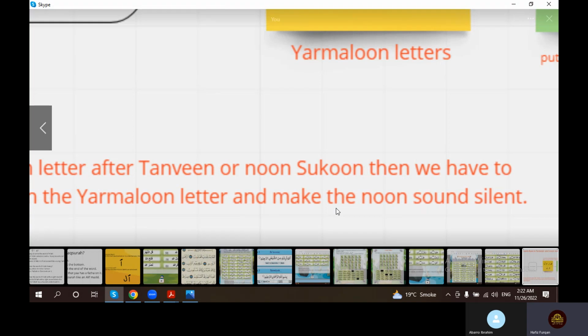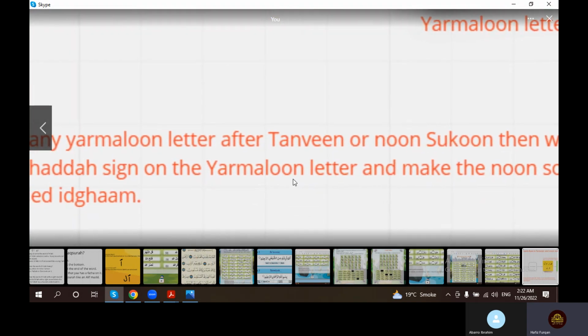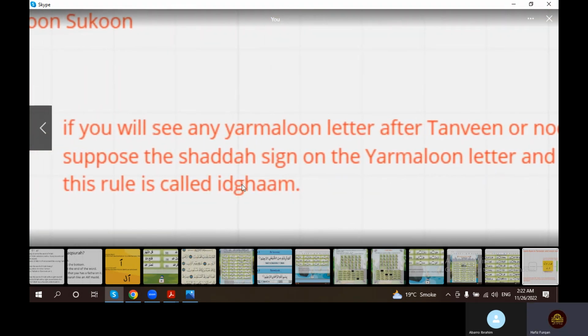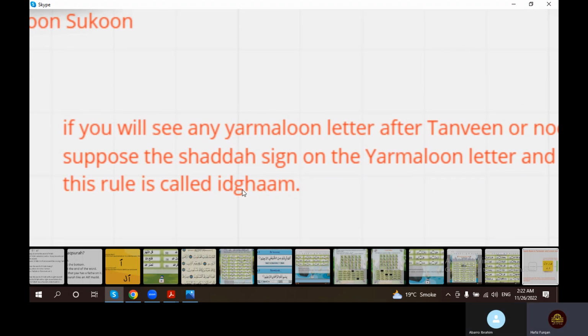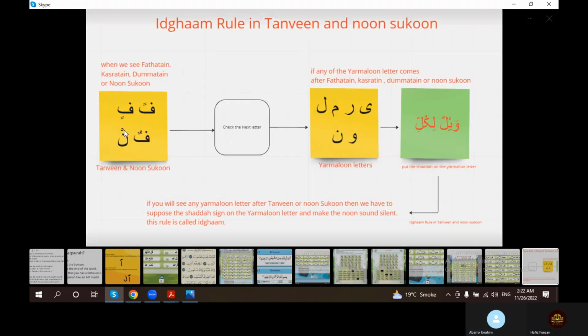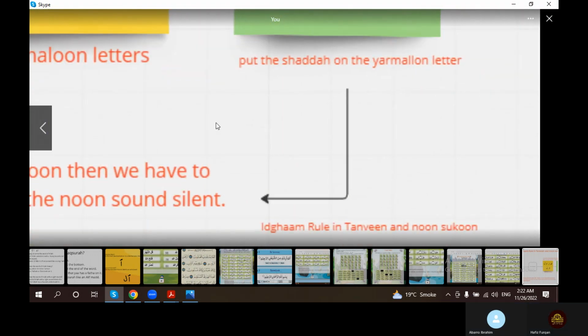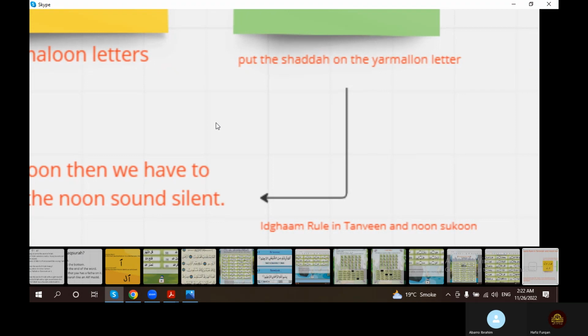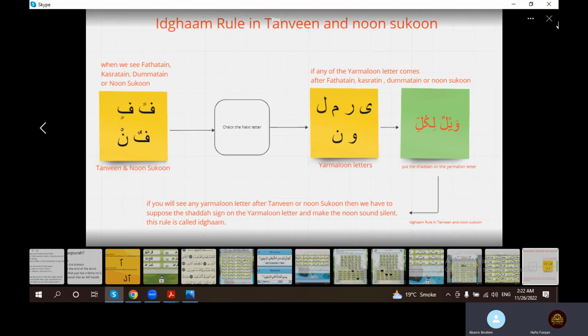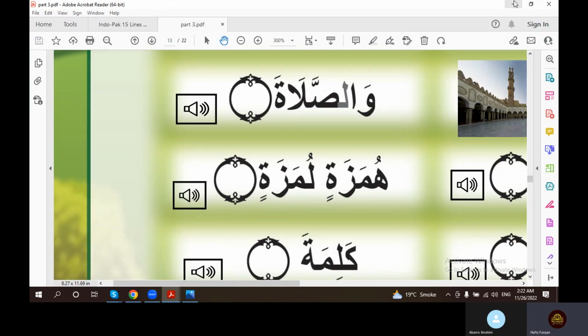This rule is called idgham. If we see any tanween or noon sukun, and after that any Yarmalun letter, we put the shadda on the Yarmalun letter, and that merging is called idgham basically. Do you get it? Yes. So you have to make those notes, and you will send me the picture.